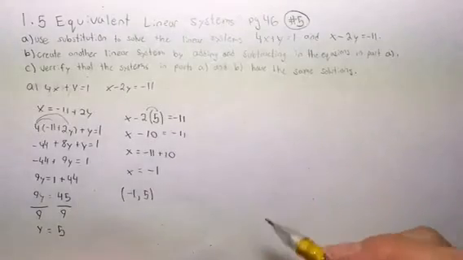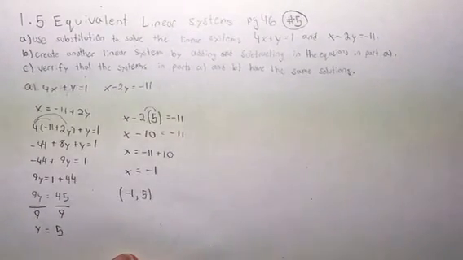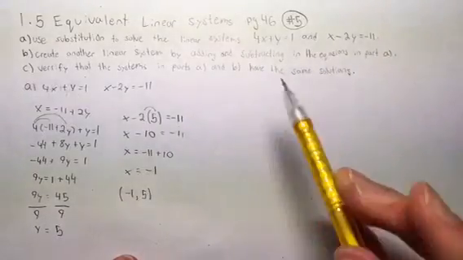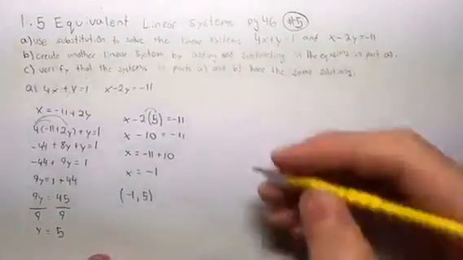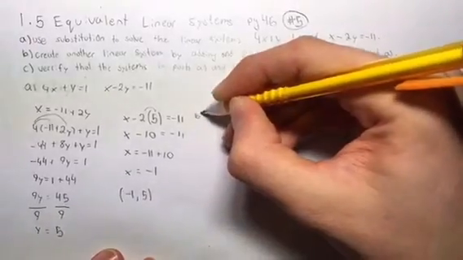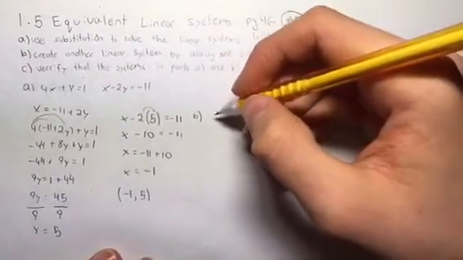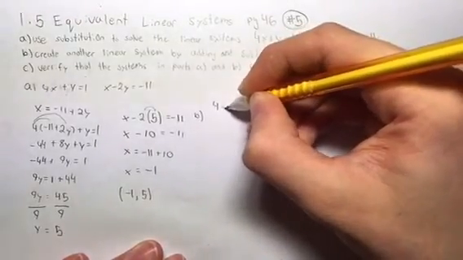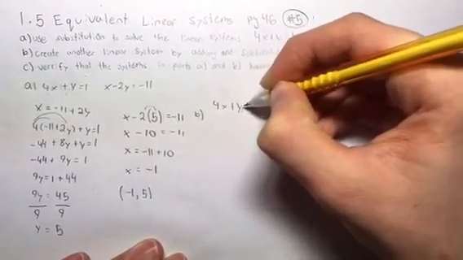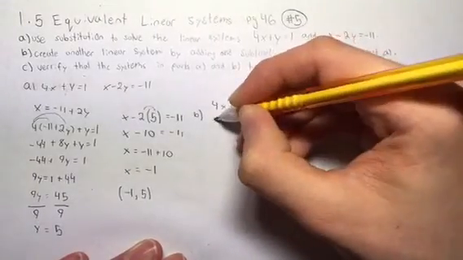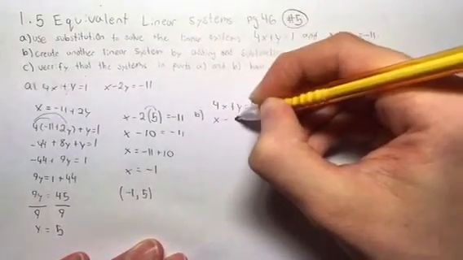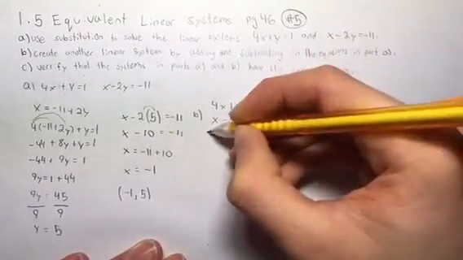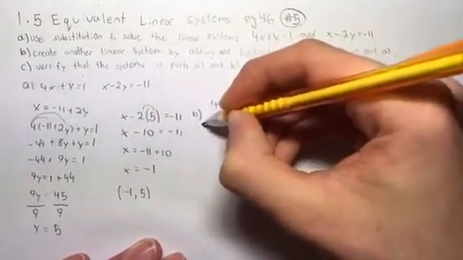So now we have to create another linear system by adding and subtracting the equations in part A. So let's do B right over here. So first we'll add. So 4x plus y equals 1 over x minus 2y equals negative 11. And we are adding first.